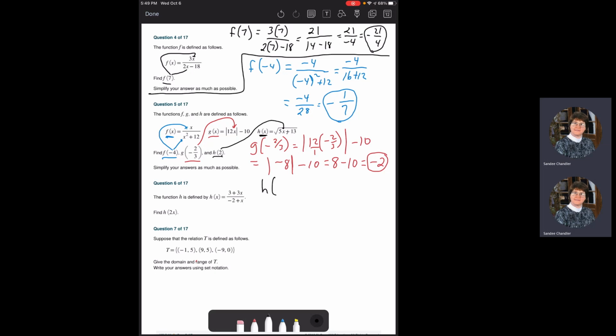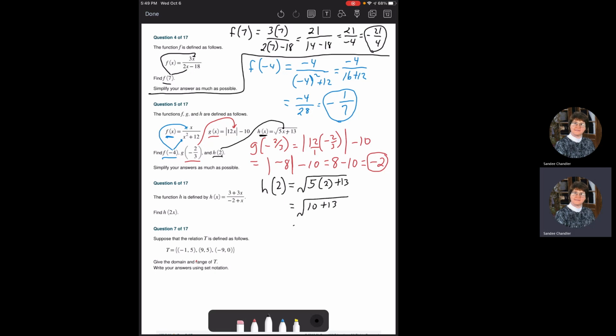H of 2 equals the square root of 5 times 2 plus 13. Well, 5 times 2 is 10, so we have the square root of 10 plus 13. 10 plus 13 is 23. So we have the square root of 23.